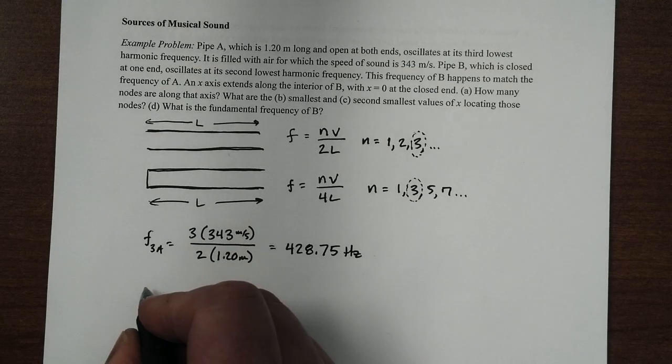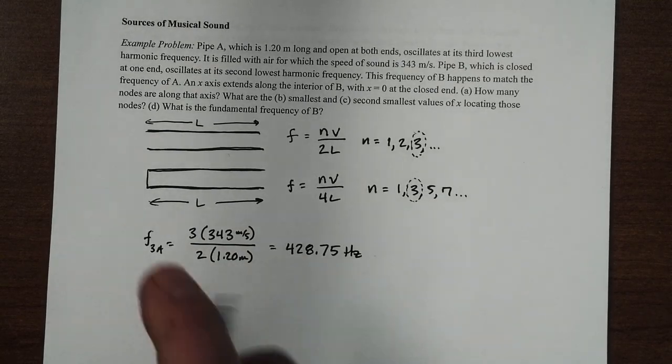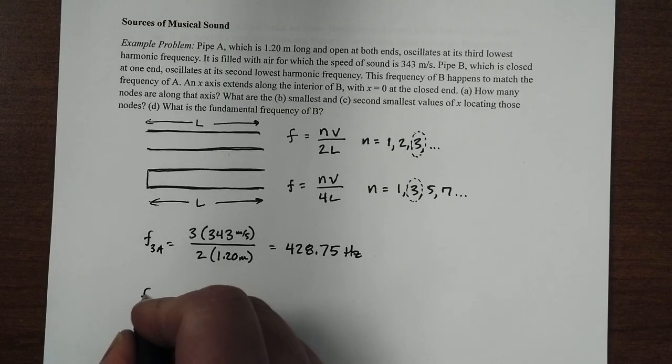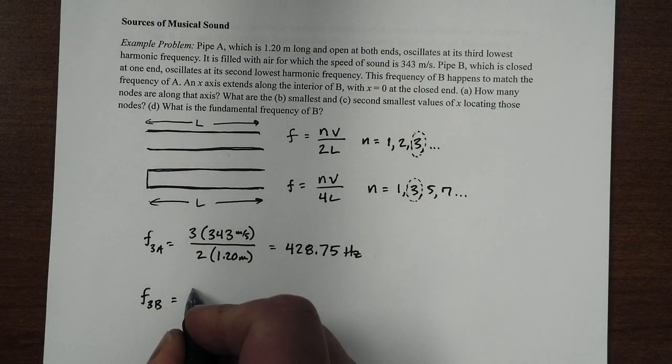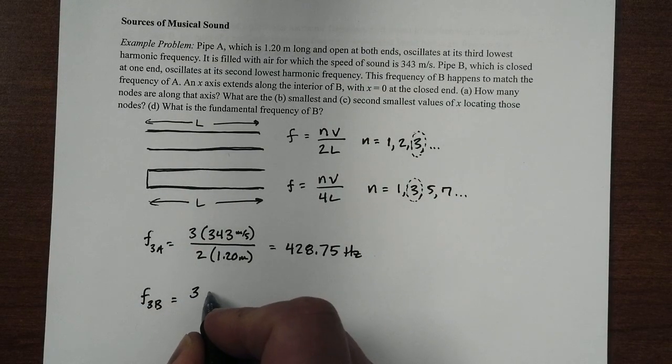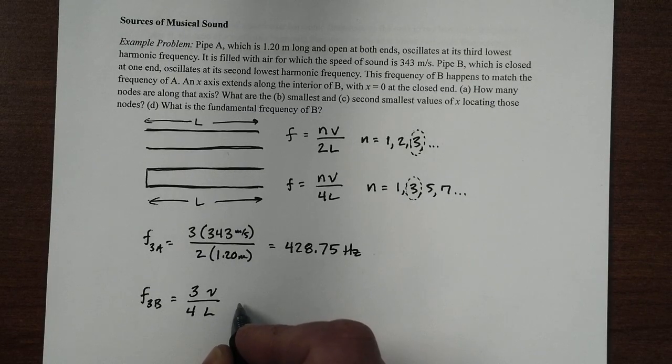Whereas if you then take that frequency and say, okay, well, I know that the second mode, but it actually is n equals 3 for pipe B because of the odd integer rule, is going to be 3 times the speed of sound v over 4 times the length of the pipe, and we want to solve for the length of the pipe.